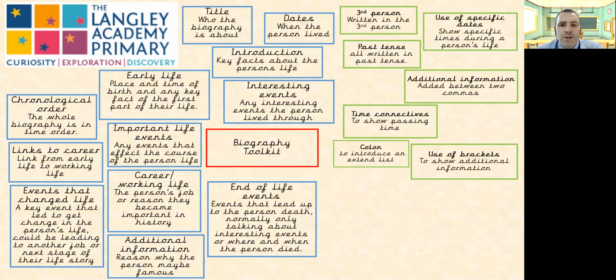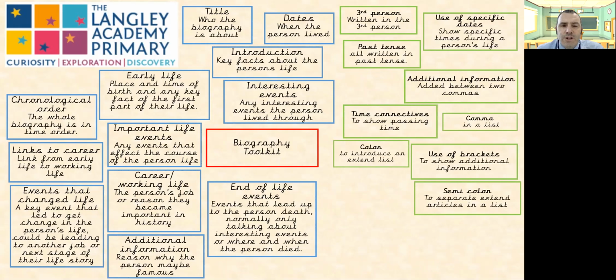We have colons to introduce an extended list. Commas put together in a list to separate the items. We use semicolons to separate extended articles in a list. So if we've got items with multiple words, for example, the names of the plays that Christopher Marlowe wrote, we'd use a semicolon there to separate those terms or articles.